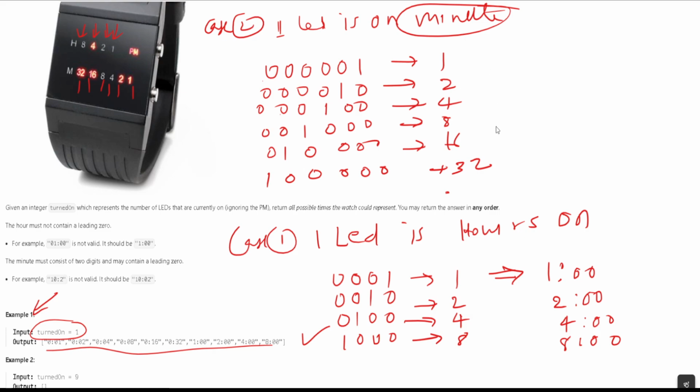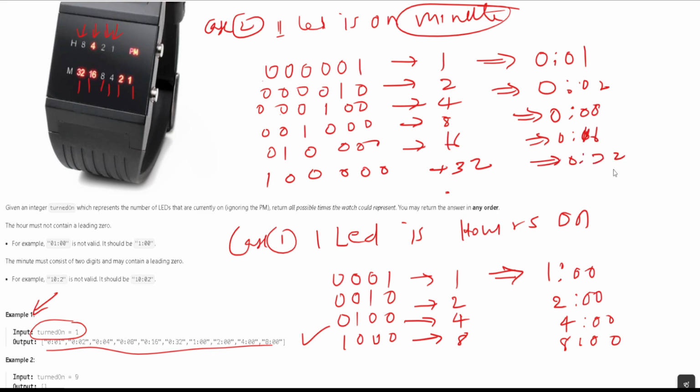These are the valid times for when only one LED is turned on, where exactly one of the binary positions is on. So it looks like 0 hours 2 minutes, 0 hours 8 minutes, 0 hours 16 minutes, 0 hours 32 minutes. Like this, these are valid.